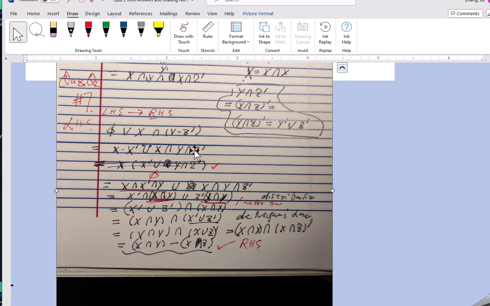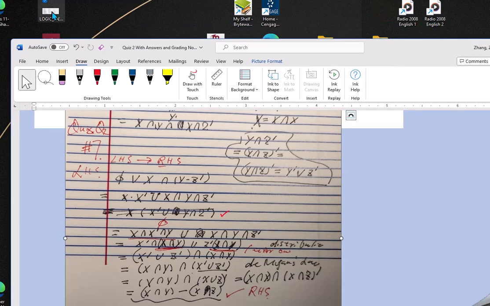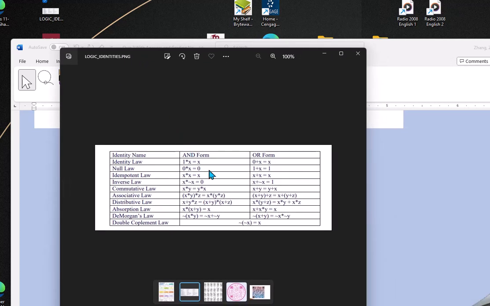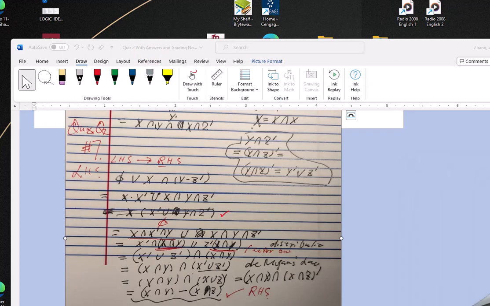Then we can add a null, or zero, because zero or anything is still that thing. So we insert an or here, and that's 0. If you forgot, let me remind you what I'm basing this on: 0 or anything is that thing, but here I just insert a 0 to rearrange this.